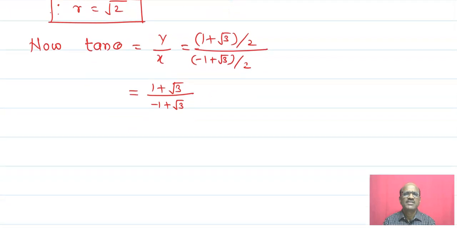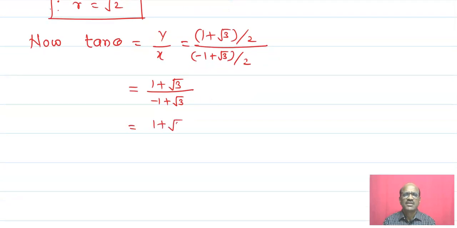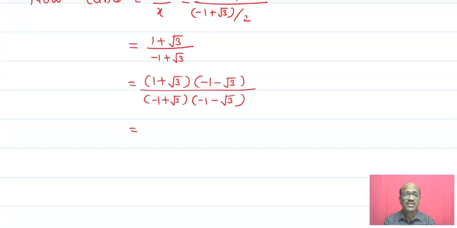Also we can simplify this, that is, multiply numerator and denominator by minus 1 minus root 3.